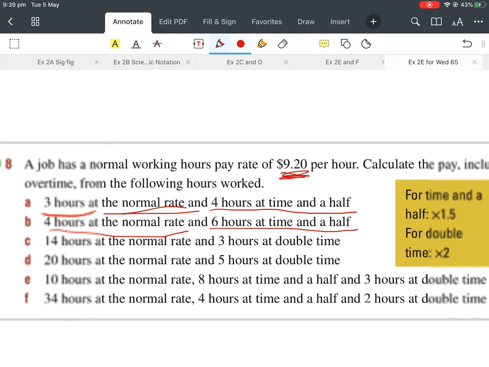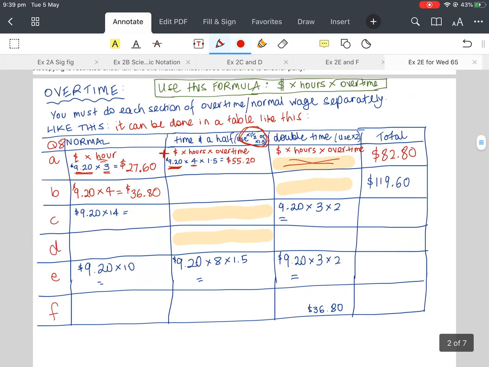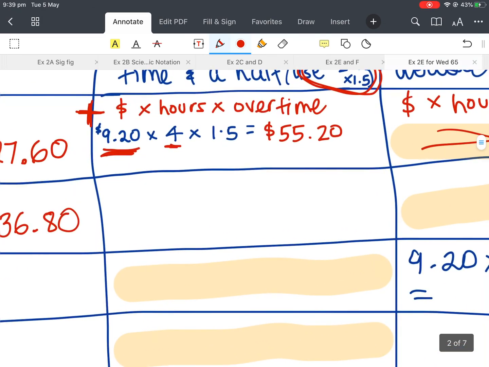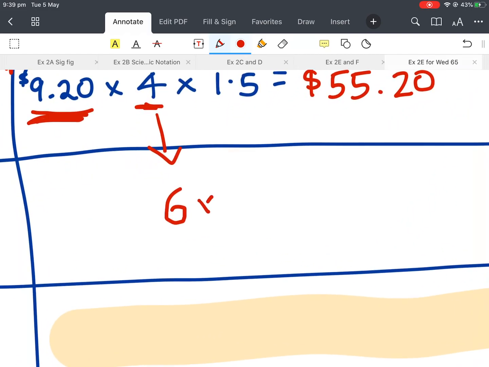All right, next one, 6 hours at time and a half. Here's my hours, so I'm going to put a 6 there. I know it's time and a half, so I'm going to put 1.5 there. The wage rate is still the same, so that's $9.20 there. Do that on your calculator. Sorry, my 2 went a bit funny, didn't it?